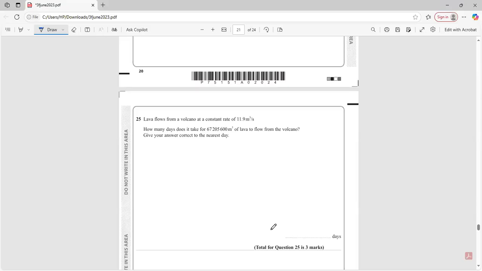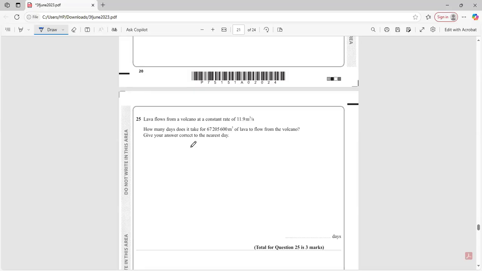Divide. Okay, divide what by what? Divide the big one by the smaller. Okay, bigger one by the smaller one.